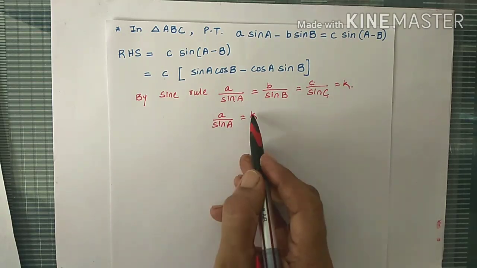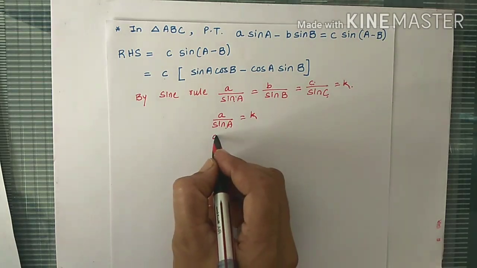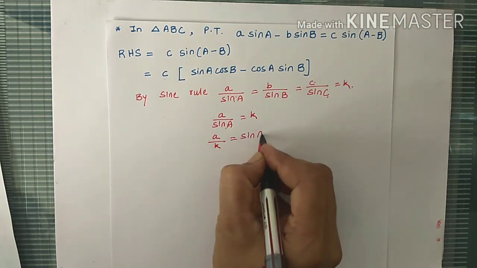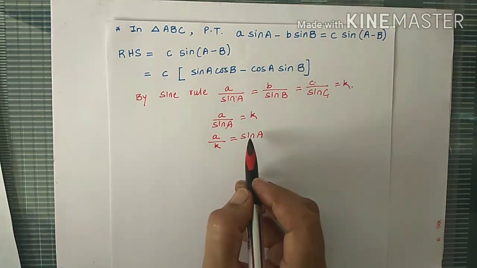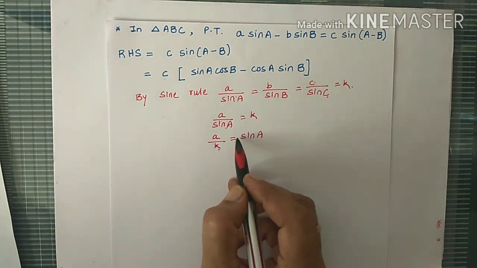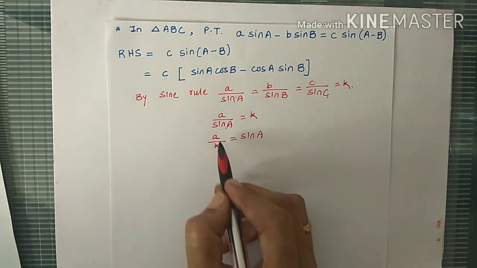Now let's interchange k and sin A. So a upon k becomes sin A. So for sin A, we can write a by k. That means we are replacing this capital letter by a small letter.